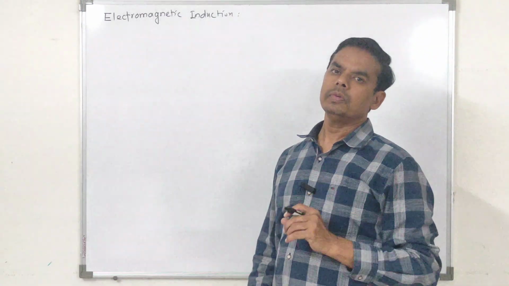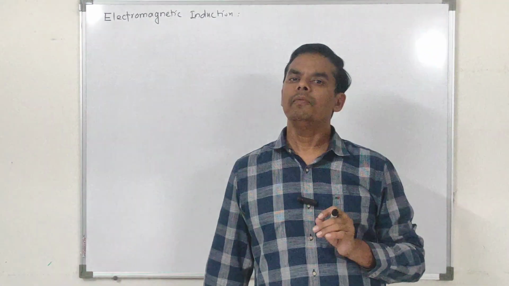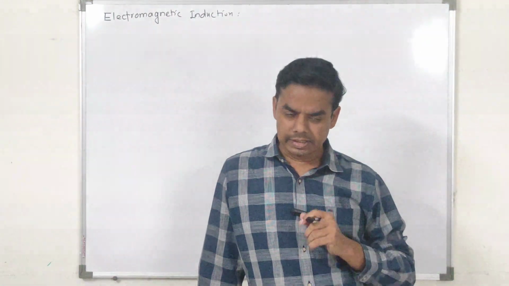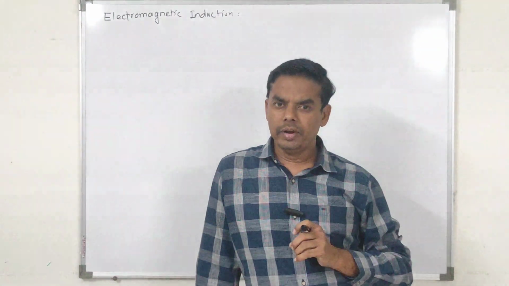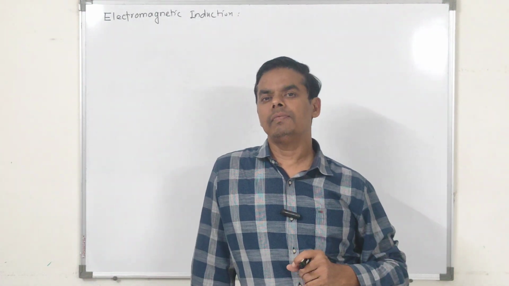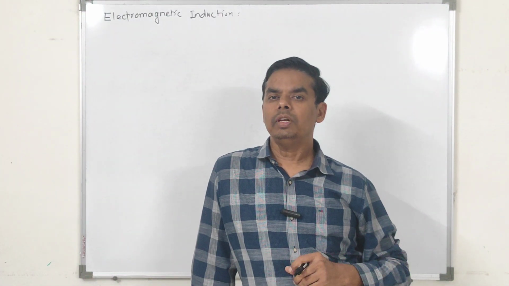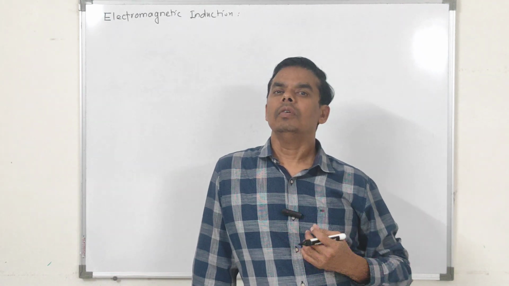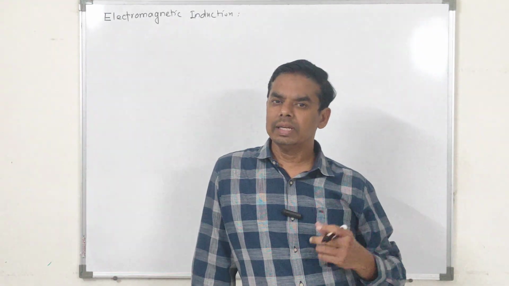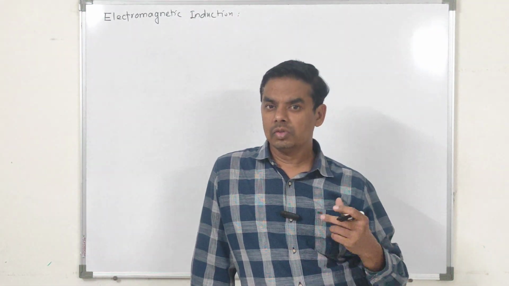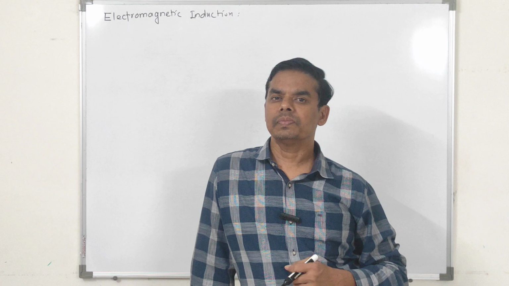First of all, we must know every coil has a magnetic flux associated with itself. When we introduce this coil in a changing magnetic field, the magnetic flux associated with the coil changes.